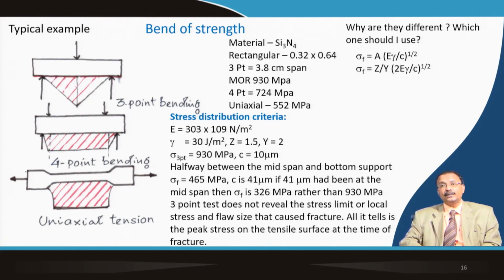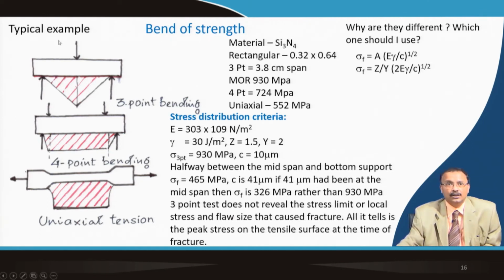So, it is important that wherever the stress is being applied, what is the maximum crack size that is there. In case of 3-point bending, the load is really concentrated at the midpoint. If you do the same measurement in 4-point bending, then the distribution of the load is pretty uniform, and in case of uniaxial tension, it is pretty uniform.